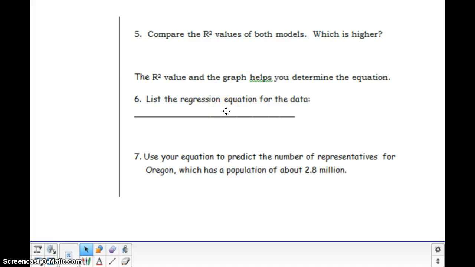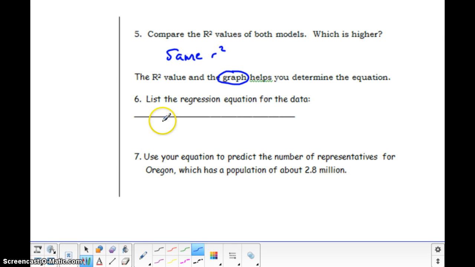So for number 6, we're going to rewrite our regression equation. We've determined it's a line. So that equation was y equals 1.73x plus 0.39. And it makes sense. There is a direct relationship between the number of people in a state and the representatives in Congress.